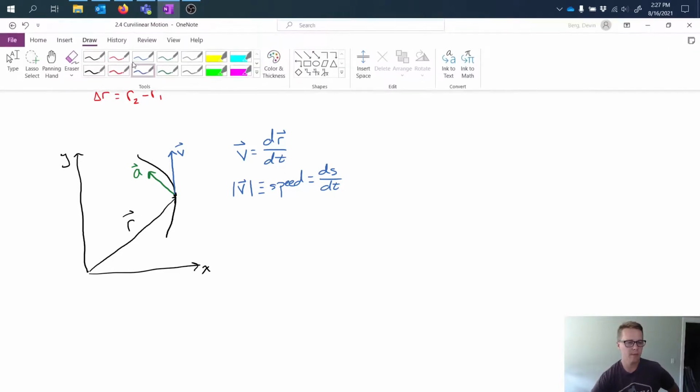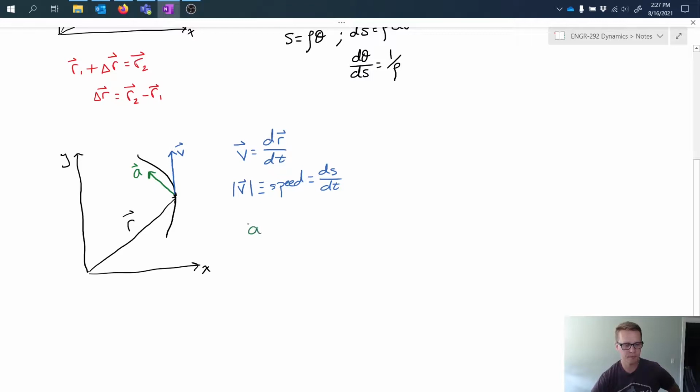Next, we have acceleration. And acceleration is equal, as we've described, to the rate of change of velocity. But now, because we have these two components, we need to split this out into two separate pieces. And I'm going to, for convenience, define them in tangential terms and normal direction terms. Now, when we talk about curvilinear motion, we could talk about things in a Cartesian coordinate system, using x and y and even z notation for three-dimensional.